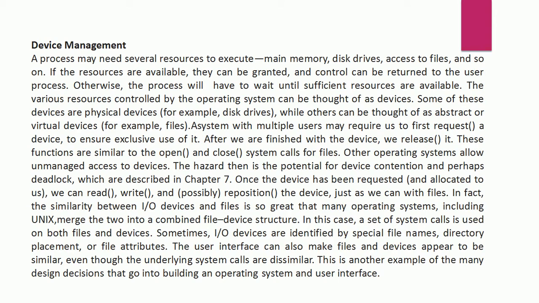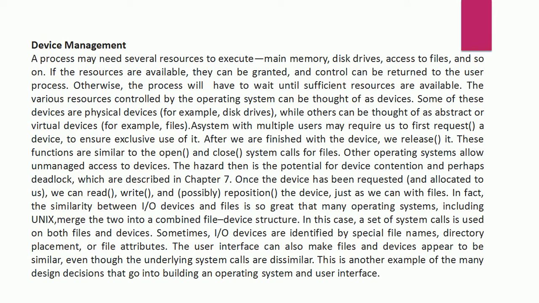Similarly, between I/O devices and files, there are many operating systems, including Unix, that combine the two into a combined file-device structure. In this case, a set of system calls is used on both files and devices.